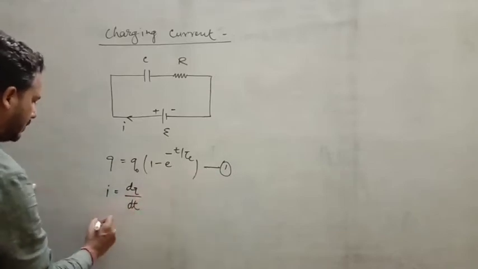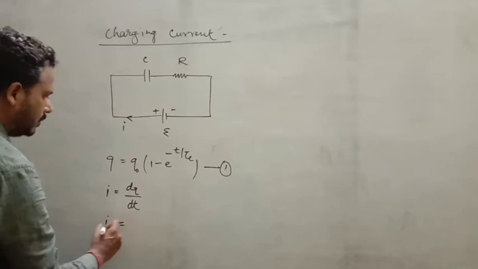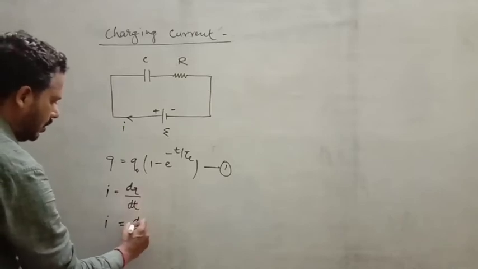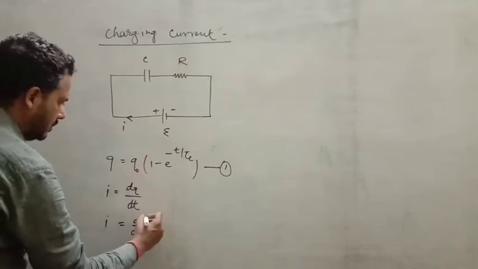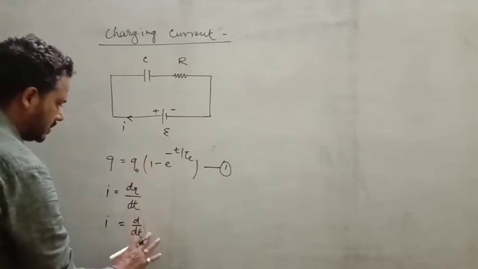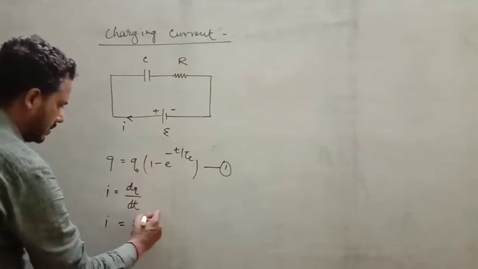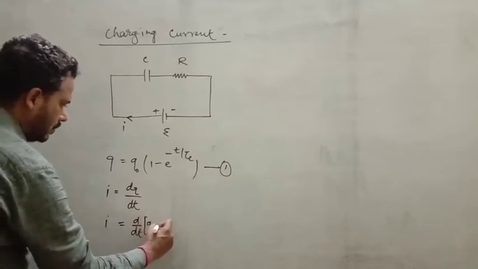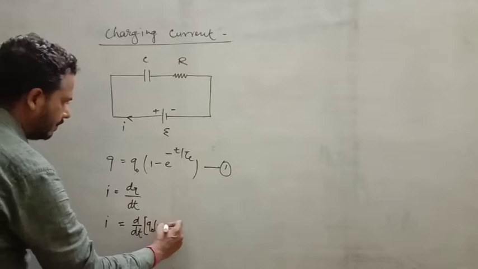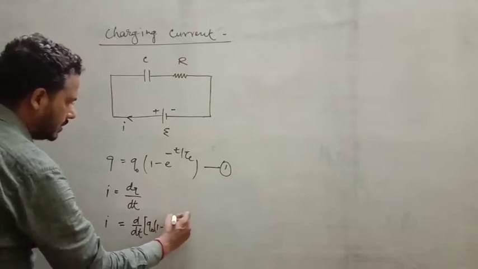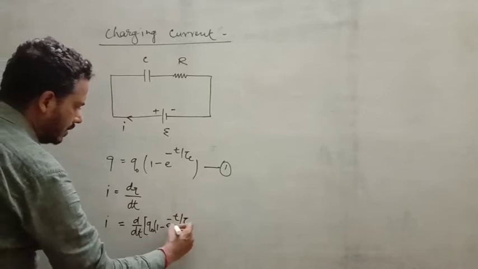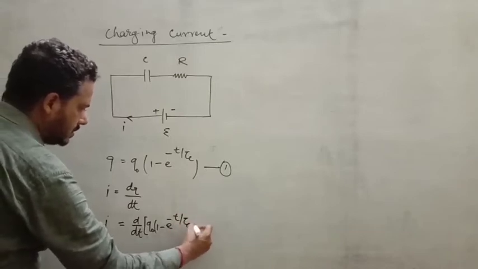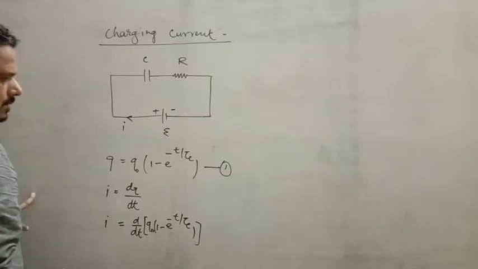So what you will get from here is I equal to d by dt of Q naught (1 minus e to the power minus t by tau c), where this tau c is your time constant.